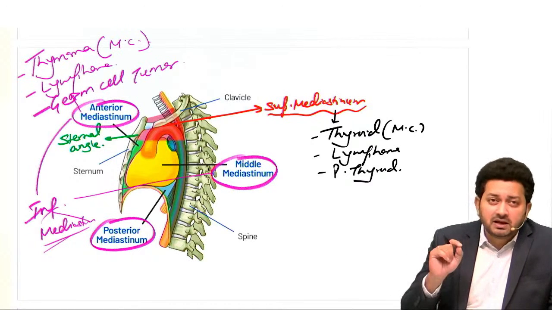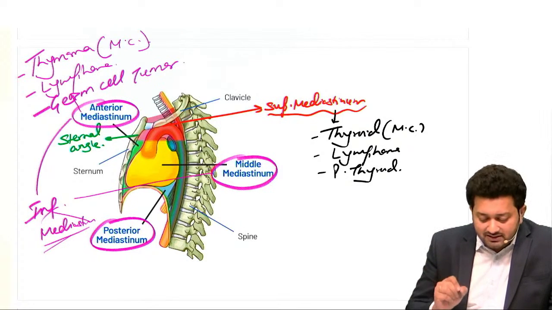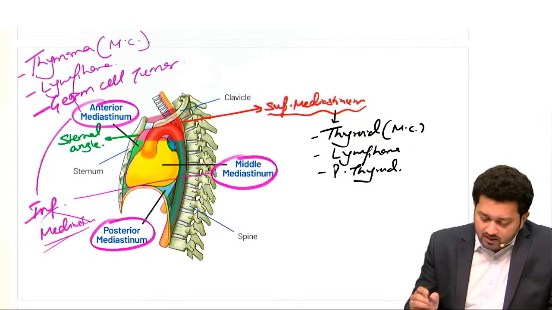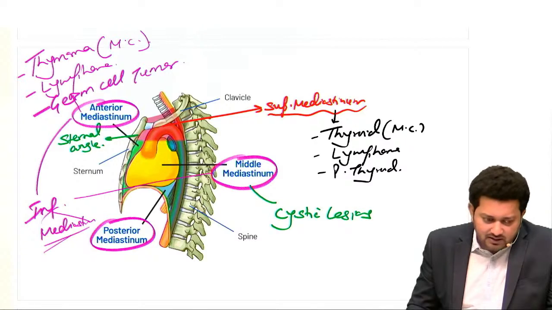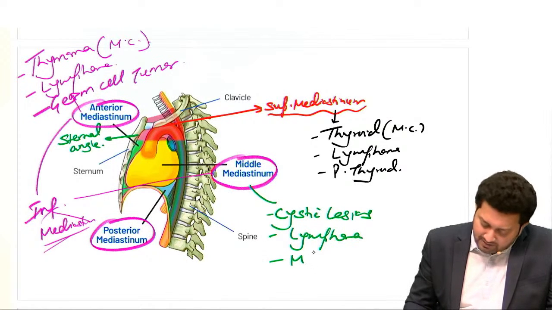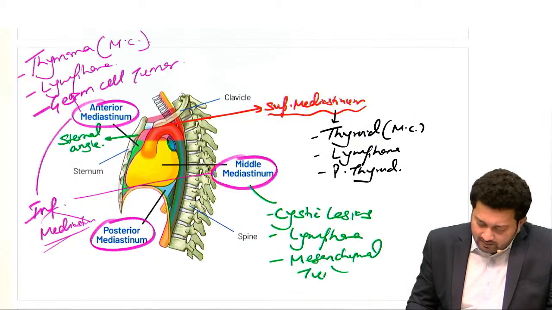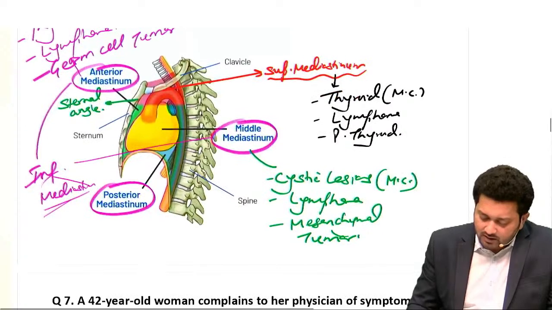After the testis, the most common site of germ cell tumor is the mediastinum. Middle mediastinum: cystic lesions, lymphoma, and mesenchymal tumors like lipoma. Here the most common is the cystic lesion.